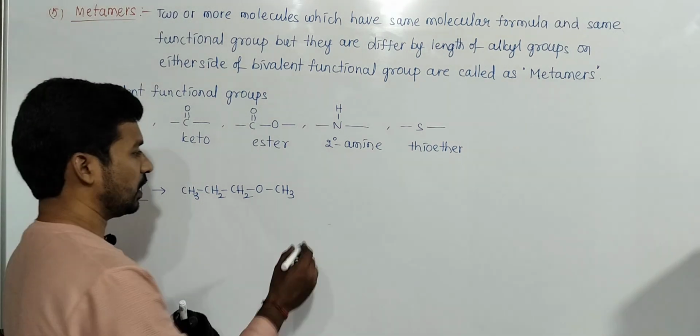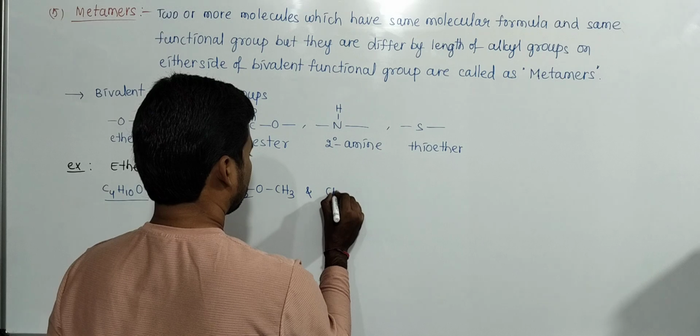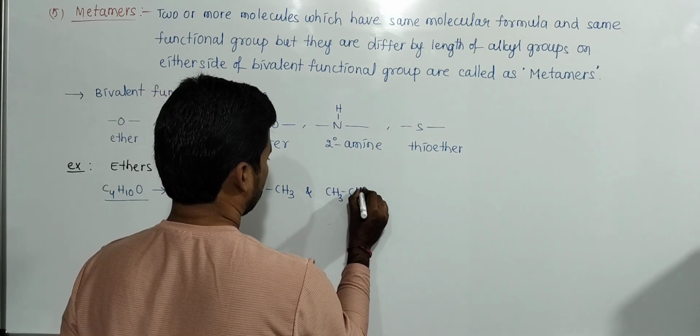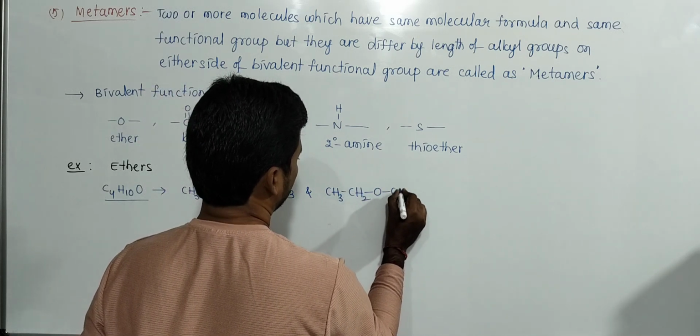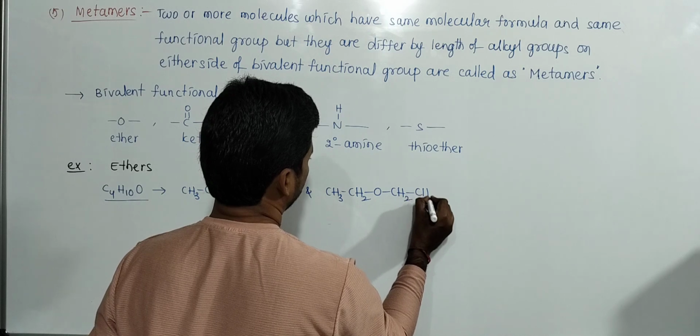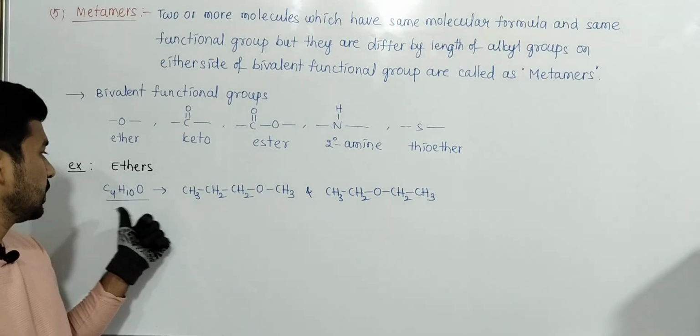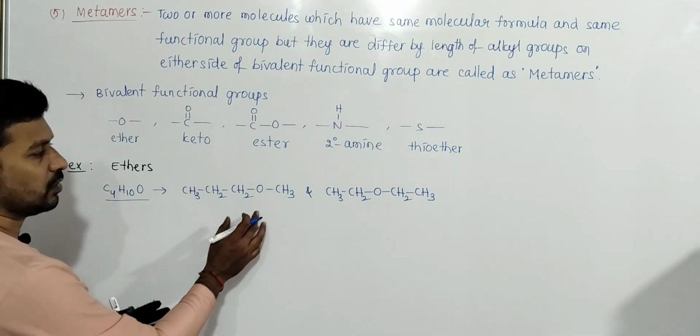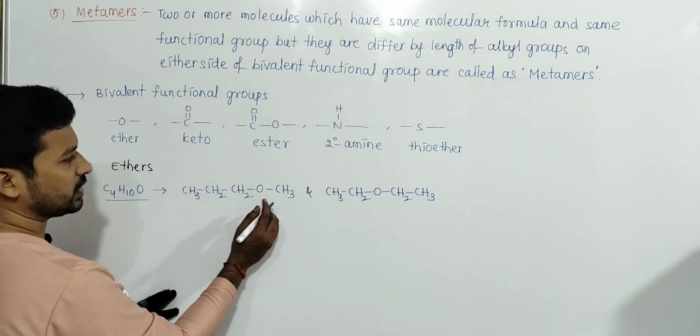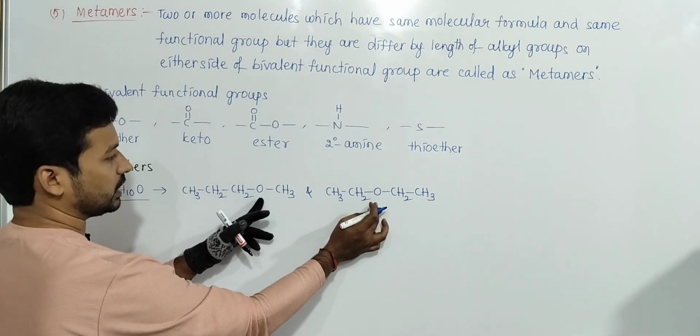And if you see CH3, CH2, O, CH2, CH3, here also 4 carbon atoms, 10 hydrogen atoms, 1 oxygen atom. Both are ethers, both molecular formula same, both functional groups also same.